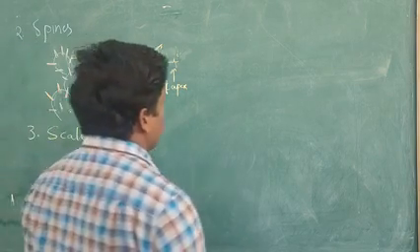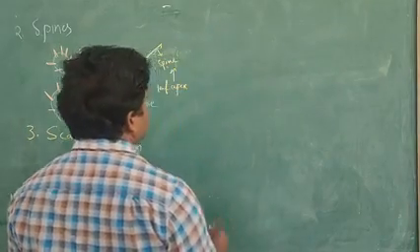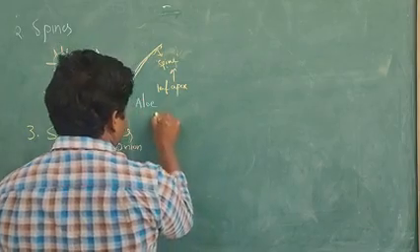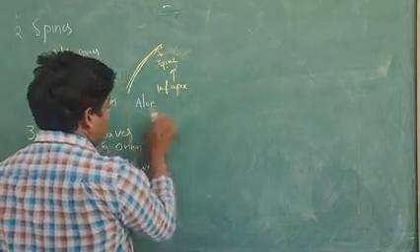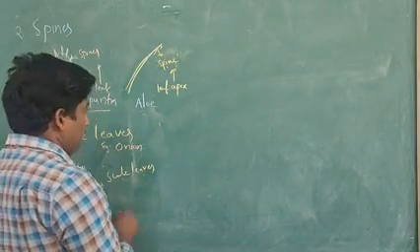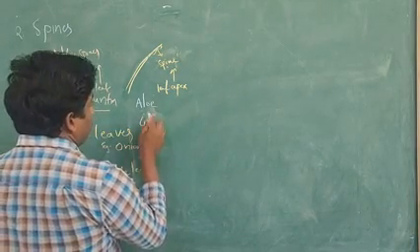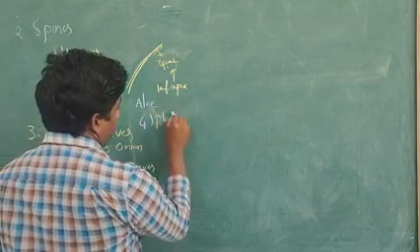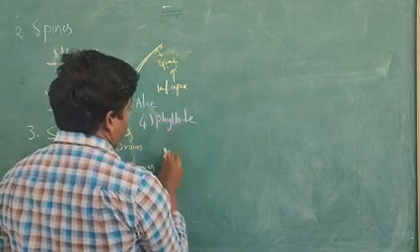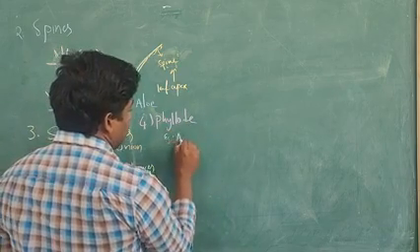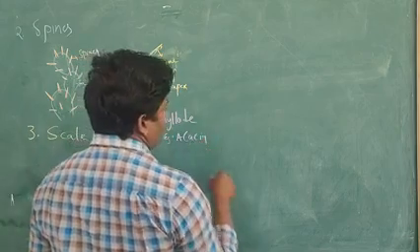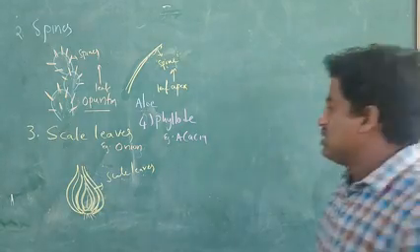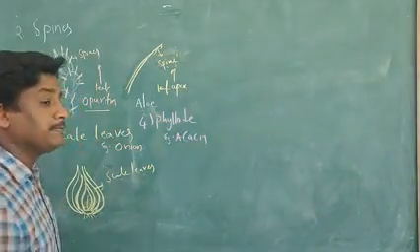Okay. Next, the fourth one you can see: phylloid. Here, example acacia plant. So how it is, you can see.